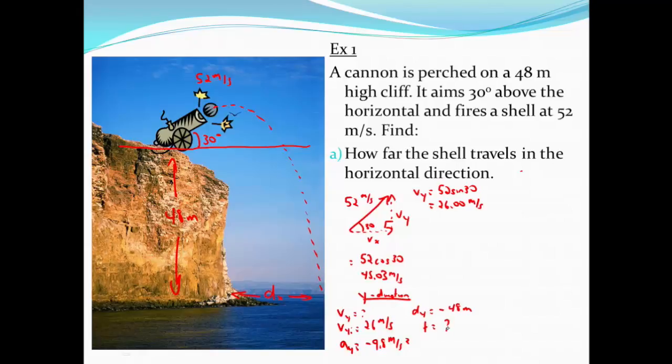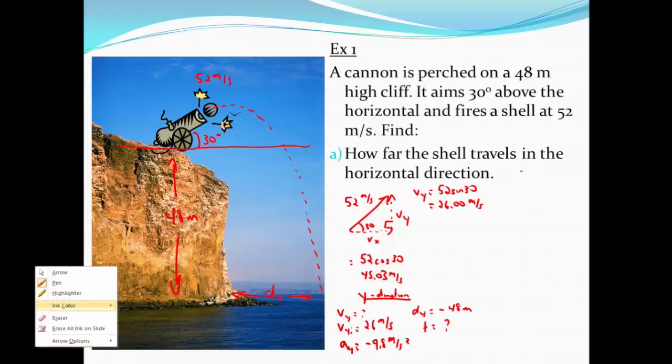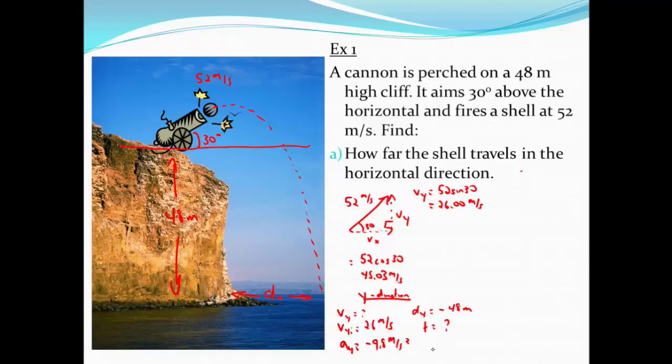Now, there's two ways you can get time. One is a two-step method. The other is a rather straightforward method, but you have to have knowledge of the quadratic formula. So if you have knowledge of the quadratic formula, you can actually use the quadratic equation. D equals VIT plus 1/2 AT squared.